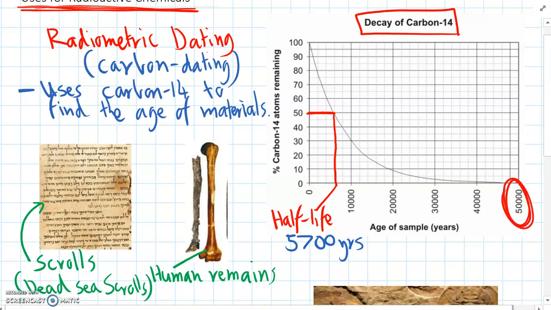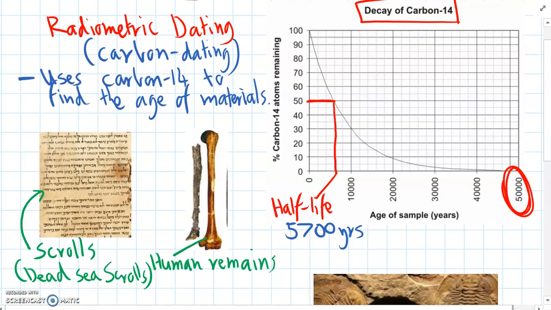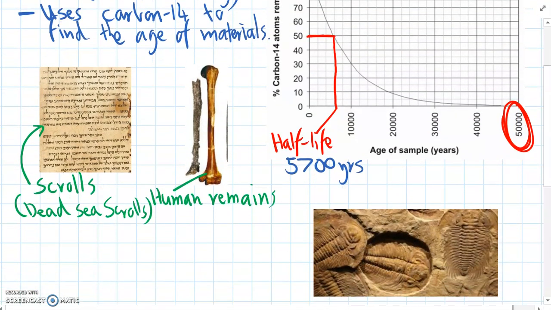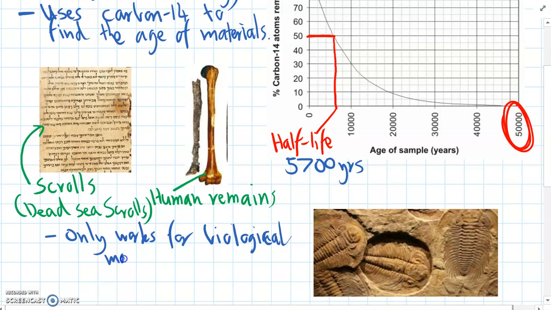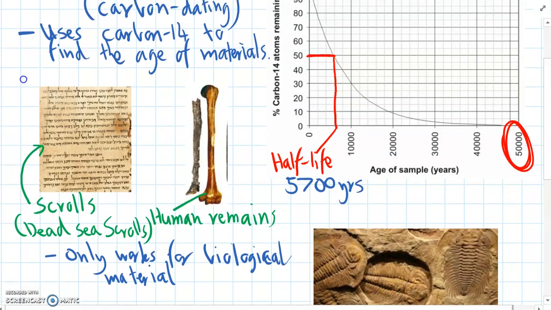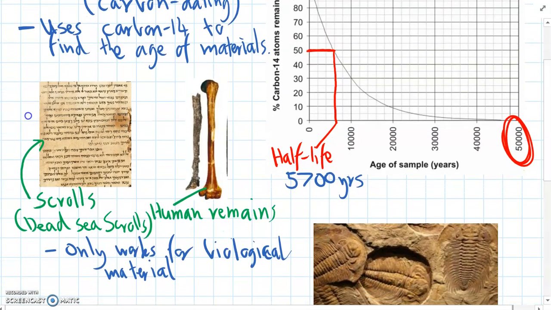And the way they do it is, it only works for living things, firstly. Or not living things, but things that were once living. So we can say biological material. So things like wood, paper, and bones and teeth. It works for all of those.